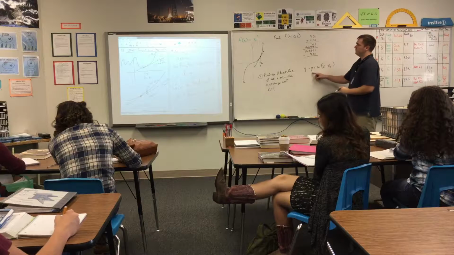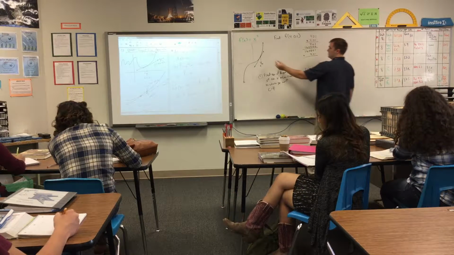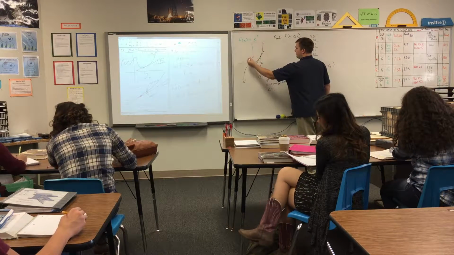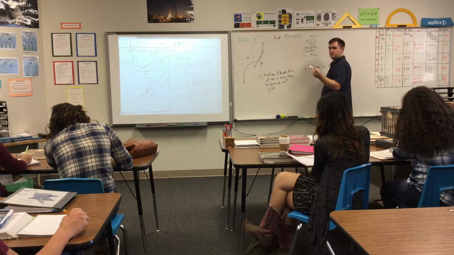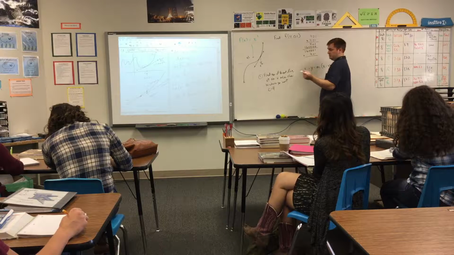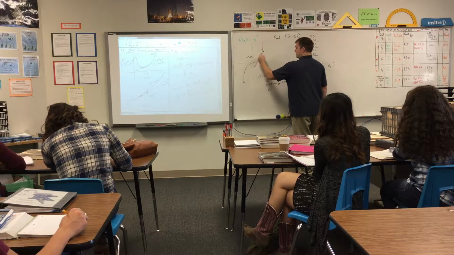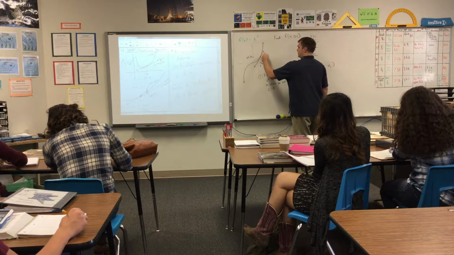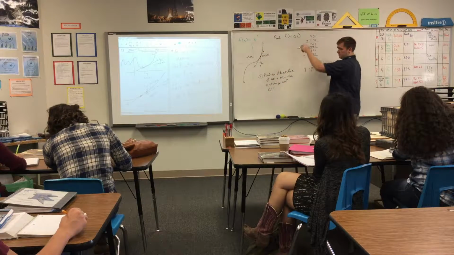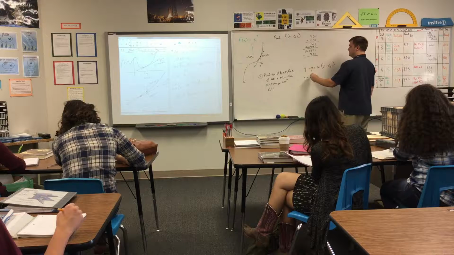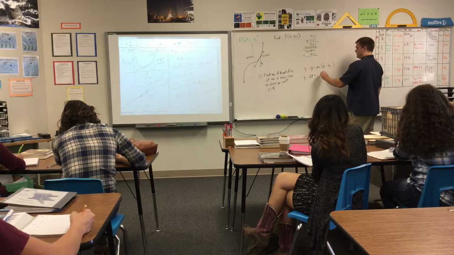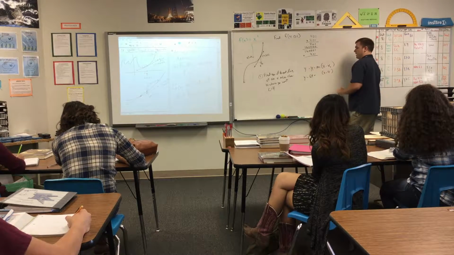I'm going to need to figure out what the y is. So the y value is 4 cubed, which is 4 times 4 times 4, 64. So this point right here is (4, 64). It's not to scale. So y minus 64 equals, hold off on the slope, x minus 4.